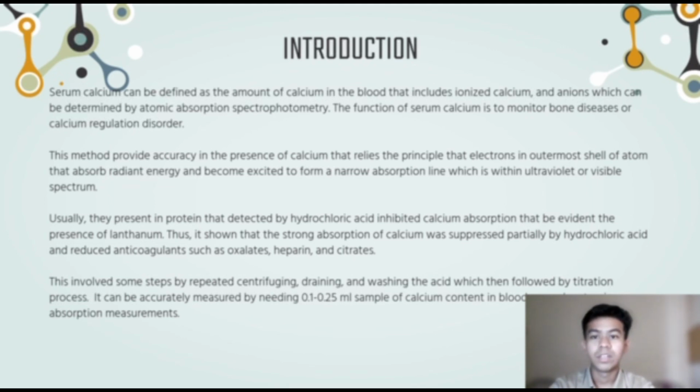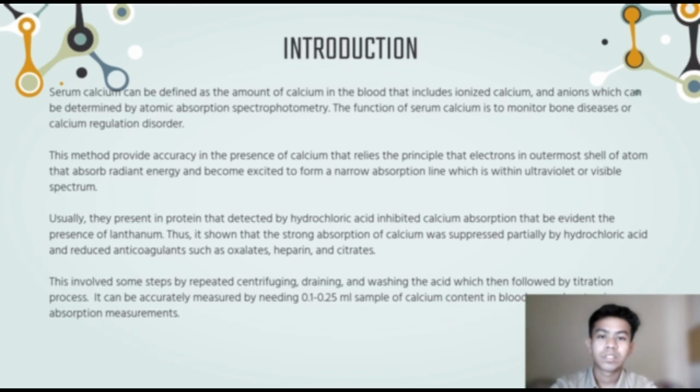Usually, they are present in protein that is detected by hydrochloric acid, which inhibited calcium absorption, as is evident from the presence of lanthanum. Thus, it shows that the strong absorption of calcium was suppressed partially by hydrochloric acid and reduced anticoagulants such as oxalates, heparin, and citrates.